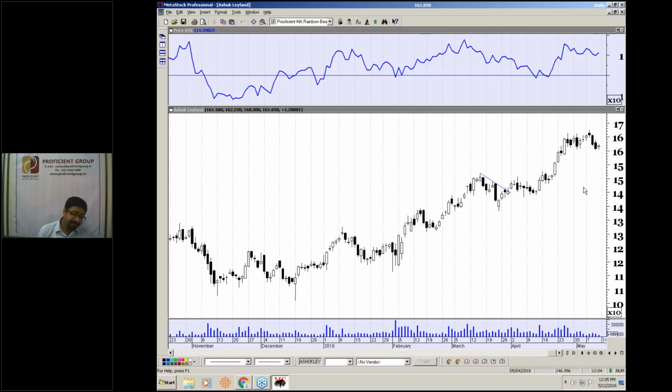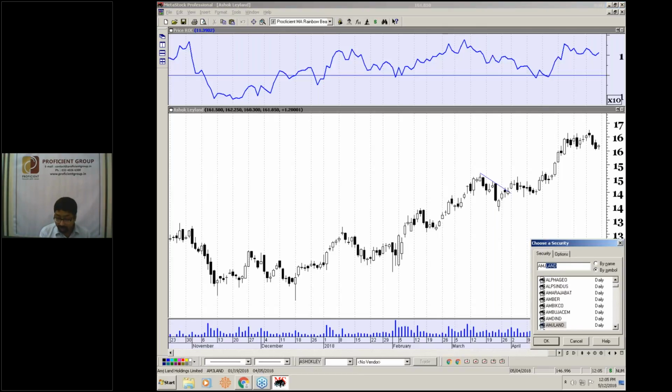So I'm showing you a few exceptionally strong mid cap and small cap stocks that you can trade for good profits. Of course, there will be some stop loss.